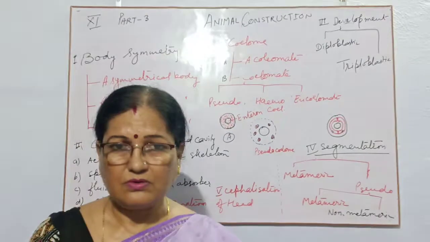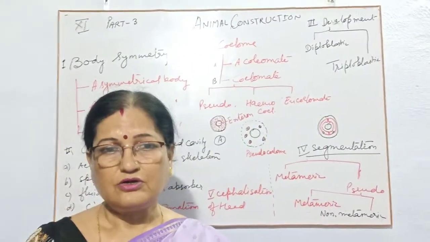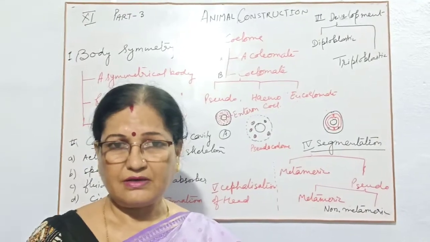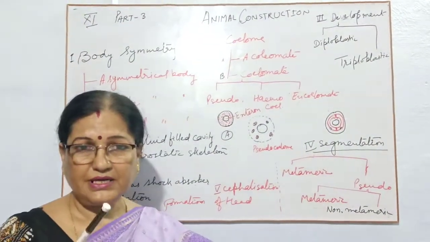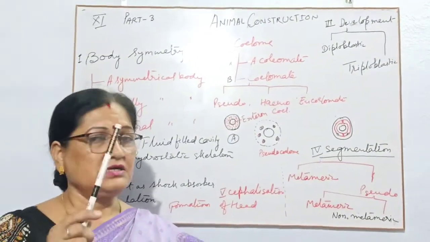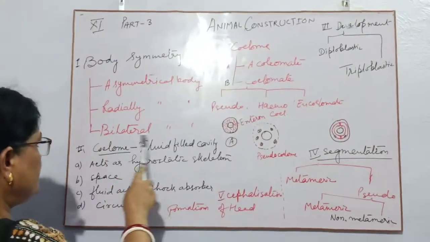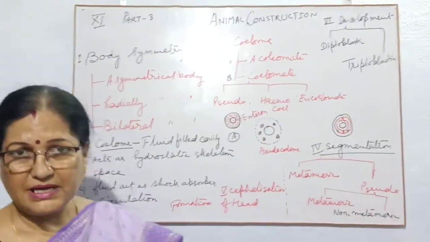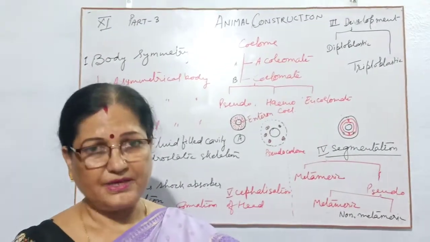As children you know, bi means two, lateral means right and left part. So the body has two equal halves when it can be cut through the longitudinal section or from one plane. That is bilaterally symmetrical. The main example you can understand by yourself: a human being.